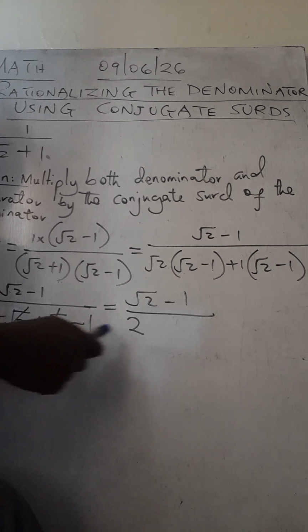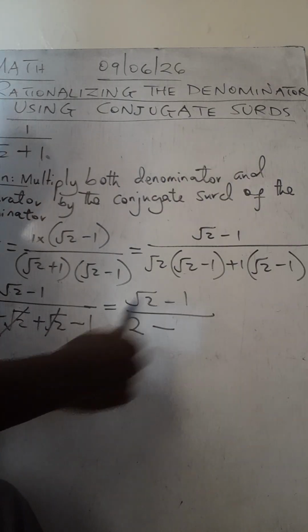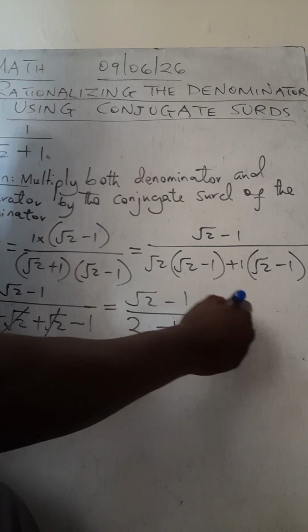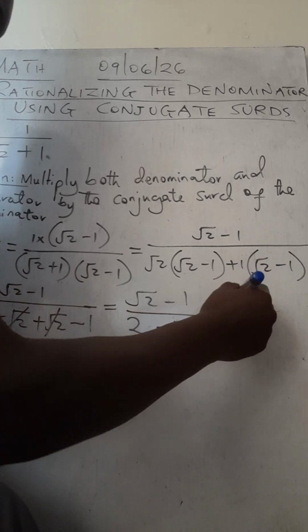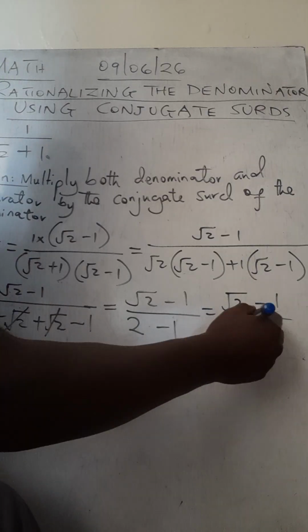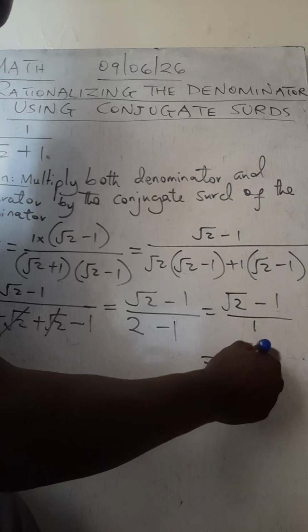So you have square root of 4 minus 1, and the square root of 4 is 2, so 2 minus 1 is just 1. So finally the answer is just root 2 minus 1.